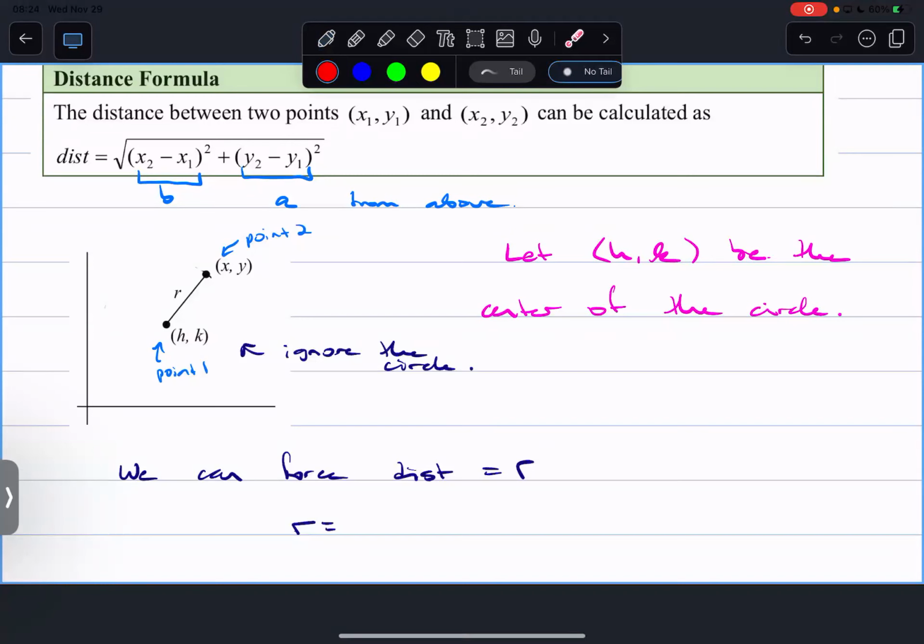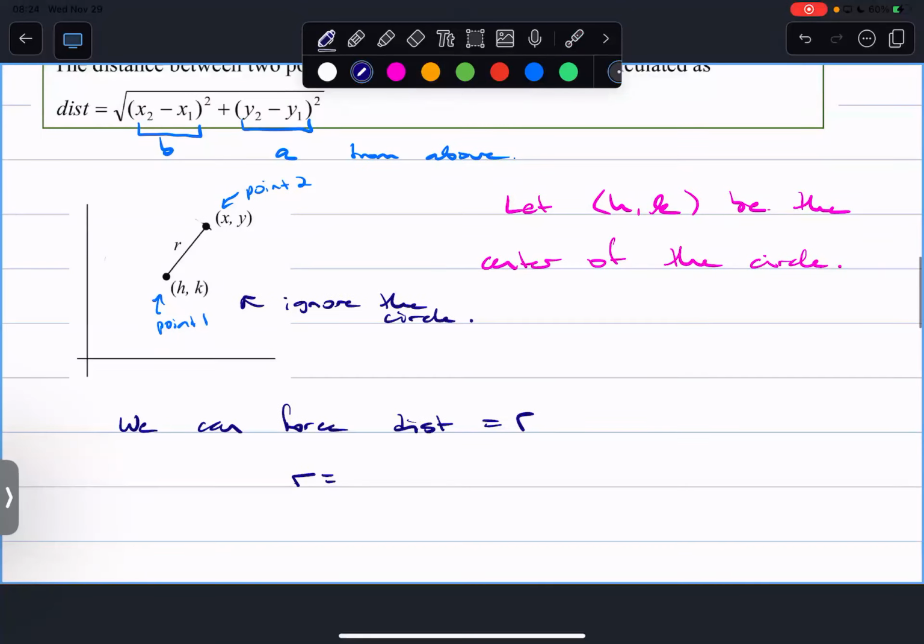Which means that in terms of this distance formula, x2 is x, x1 is h. So let (h, k) be in the place of (x1, y1), and (x, y) be in the place of (x2, y2).